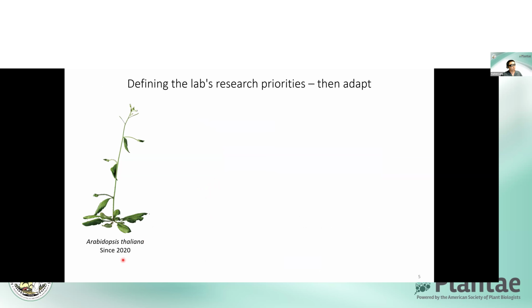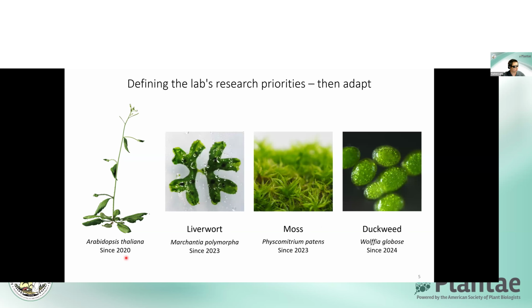Our initial research priority was given to the fundamental research of development, and we focused on Arabidopsis thaliana since the beginning of our lab, even during the pandemic before the first lab member arrived. But over time, we realized that there can be a lot of interesting avenues out there. And more importantly, when we were welcoming new lab members, some of the postdocs had very strong opinions about working on completely new models that I had never worked with.